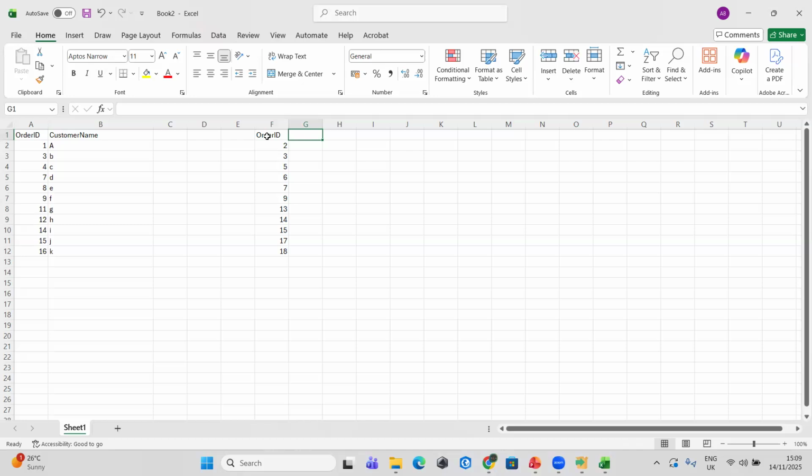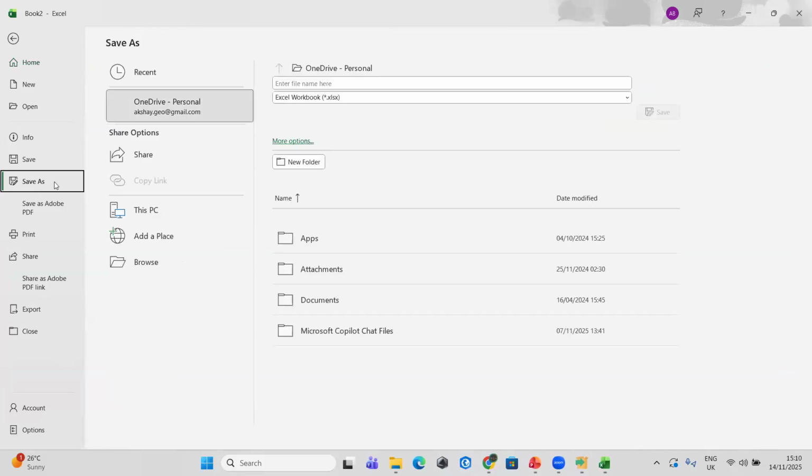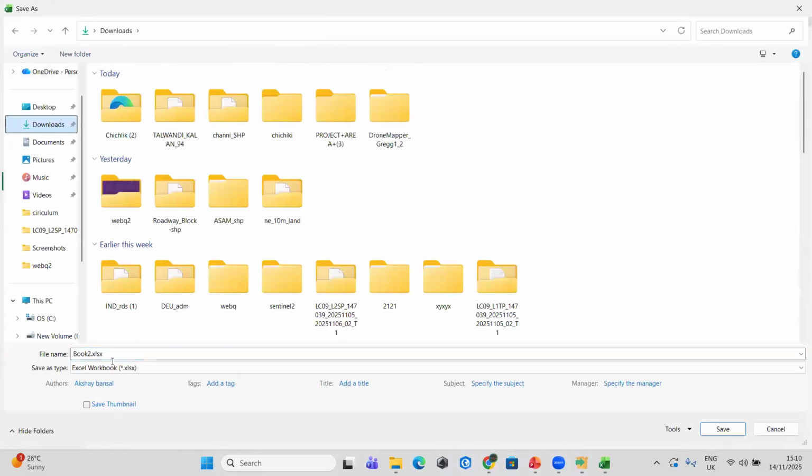Customer name, order ID. Customer ID. Six, seven, then 11, file, save as, download.